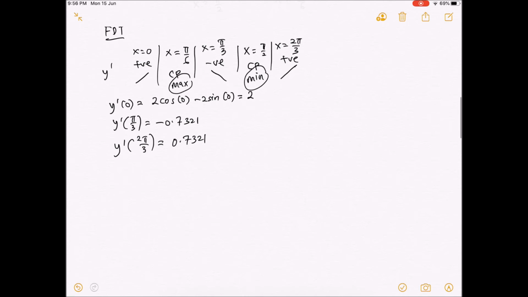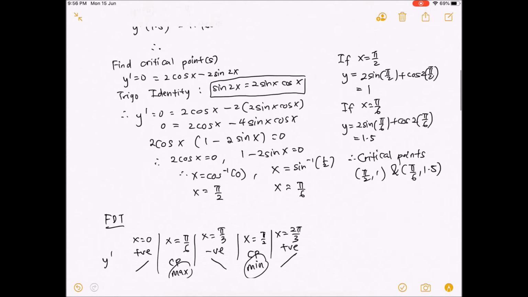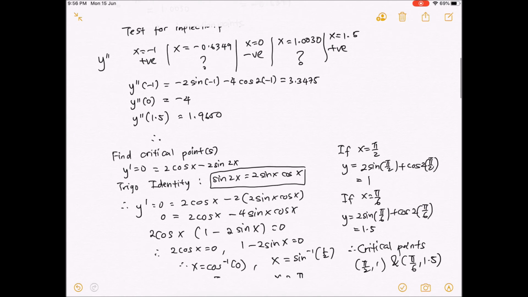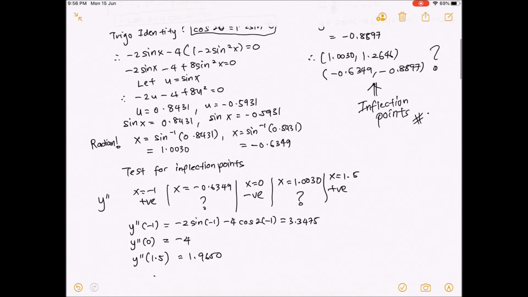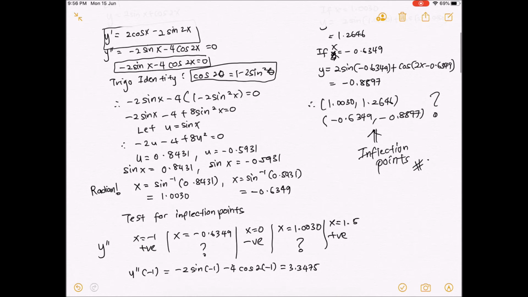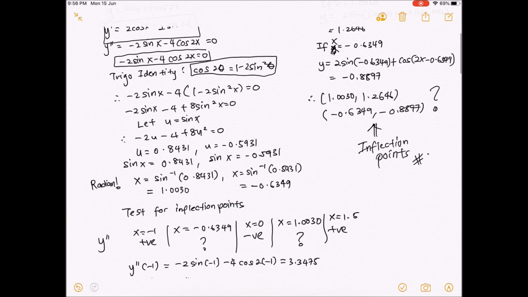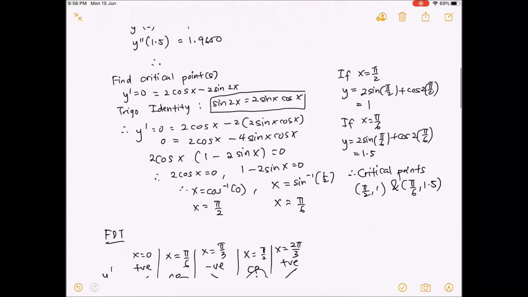Okay, let's compare our results with the second derivative test. It must be the same. Remember, the second derivative test just tests for the critical point. Y double prime is negative 2 sine x minus 4 cos 2x.